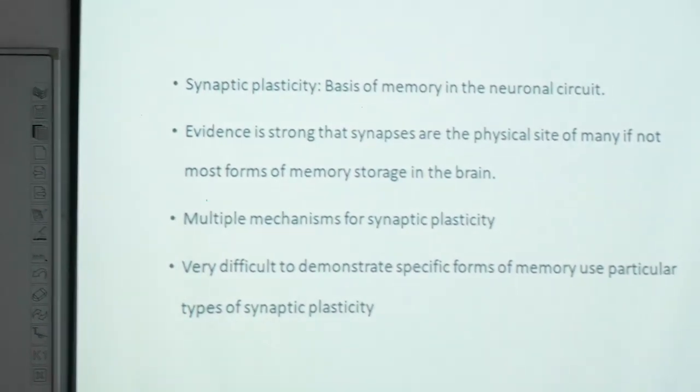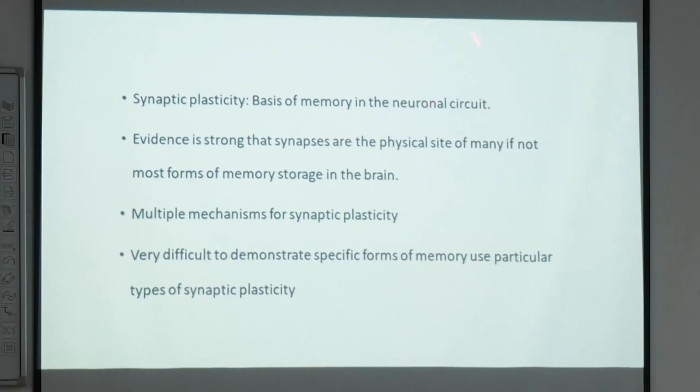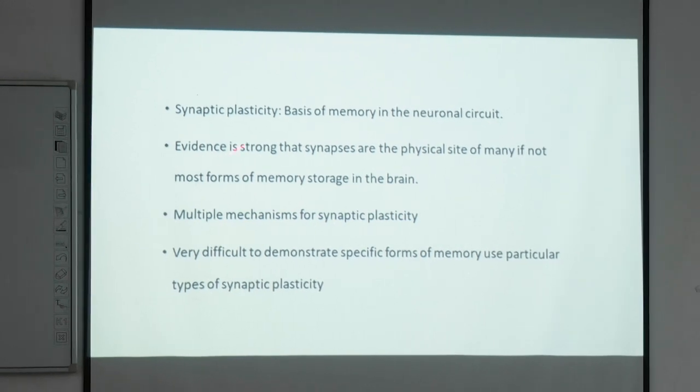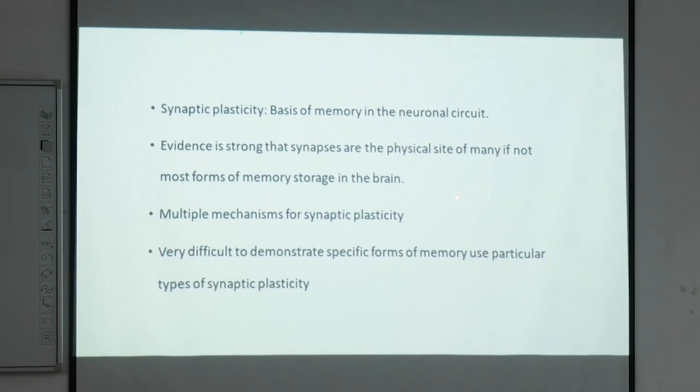So synaptic plasticity is the basis of memory in the neuronal circuit, and evidence is strong that synapses are the physical site of memory storage in the brain, and multiple mechanisms are there for synaptic plasticity. It is very difficult to demonstrate that a specific form of memory uses particular types of synaptic plasticity. There are lots of different types of synaptic plasticity, say for example short-term synaptic plasticity, long-term synaptic plasticity, but we don't know which type of synaptic plasticity is acting for which memory.